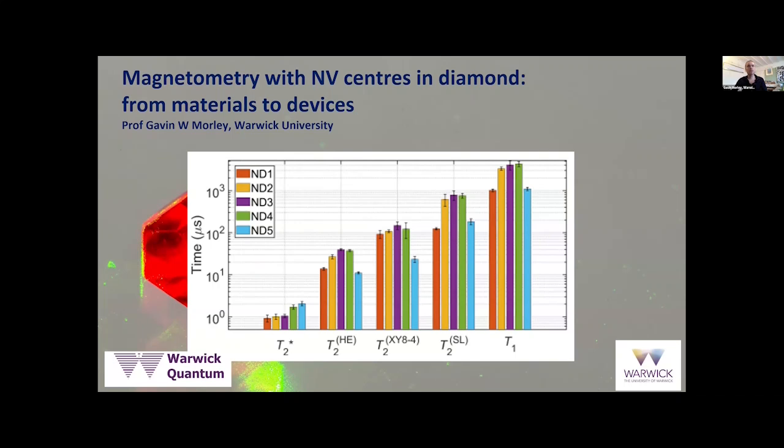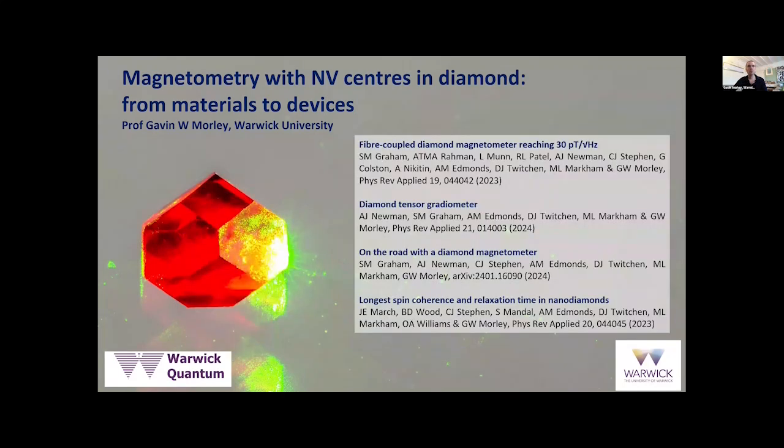We've made these 100 nanometer size nanodiamonds with the longest T1, T2, T2 star times, which is very useful for biomedical things, but also our fundamental physics work where we're levitating these diamonds. So there's a summary of some of our papers, and do please get in touch if you'd be interested to discuss opportunities together. Thanks very much.